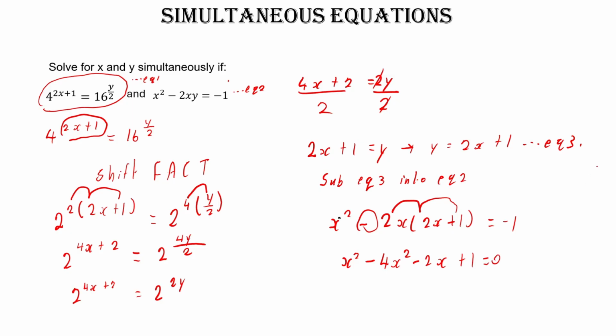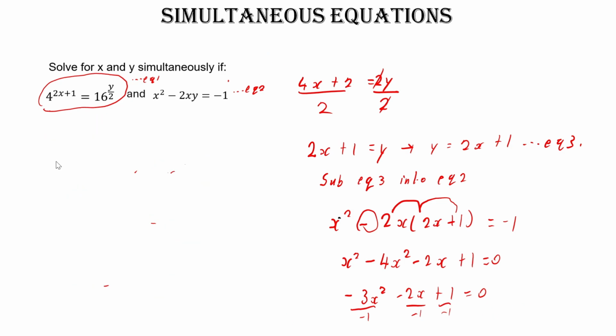Positive 1, make it equal to 0. Collect your like terms. So you have x squared minus 4x squared. That's just going to be negative 3x squared minus 2x plus 1, and make it equal to 0. Then you can divide everything by a negative 1 in order to cancel out the negative. You're left with 3x squared plus 2x minus 1, equal to 0.